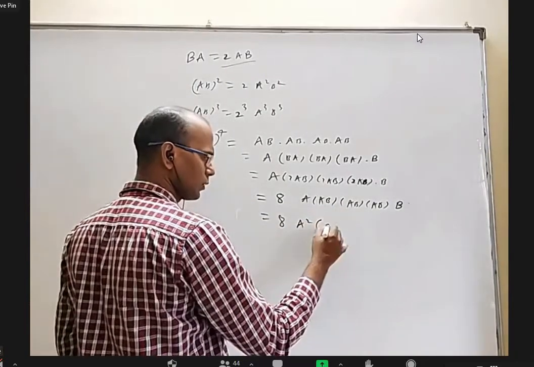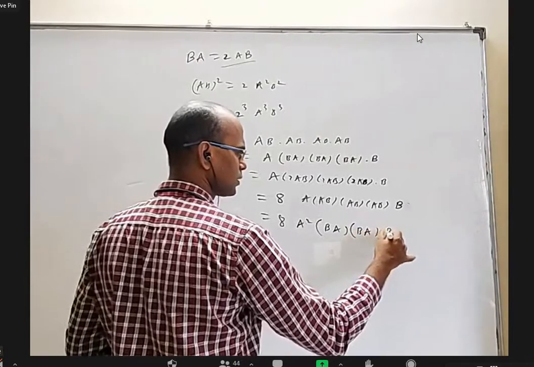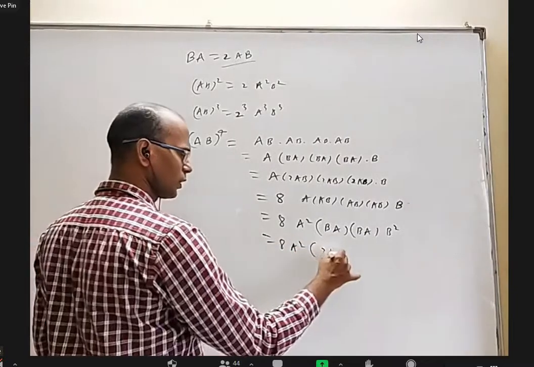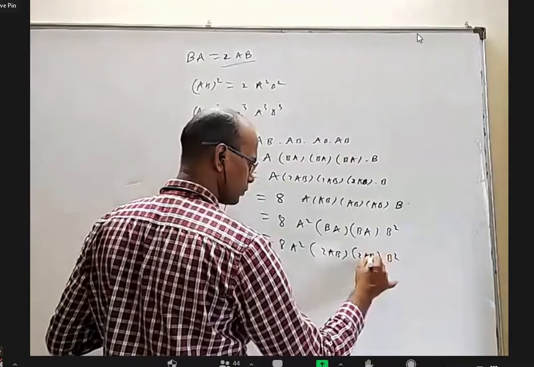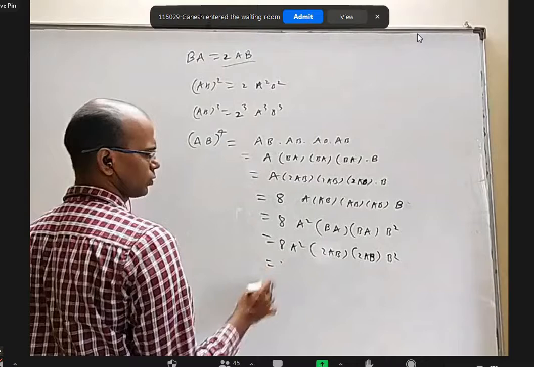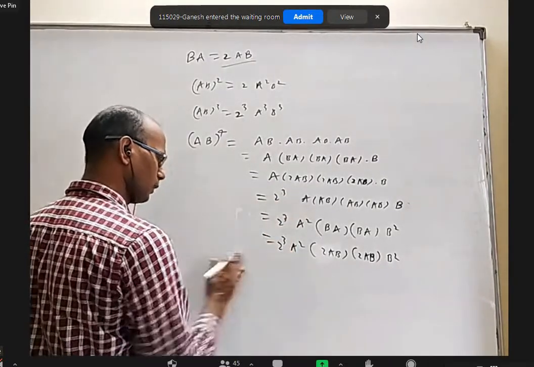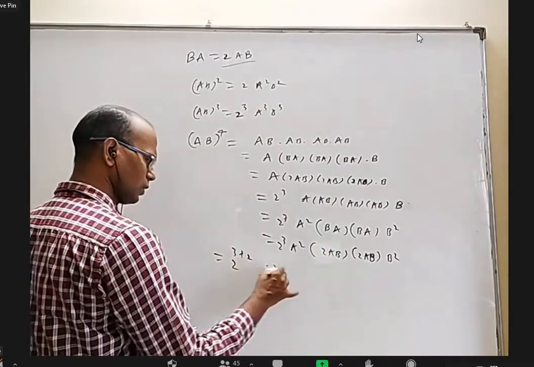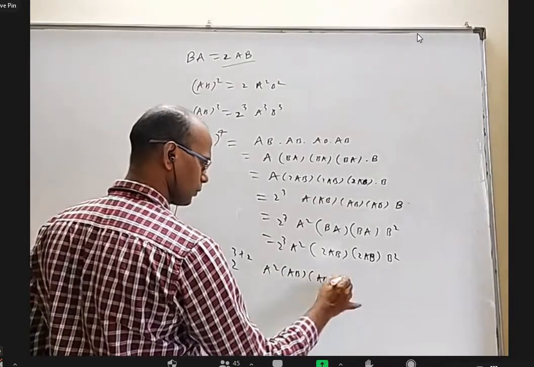This BA I can write, this BA I can write, and then this is B square, B into B. So I again have to use the formula here, 2AB, and B square. And that will become 32. So instead of writing 8 cube, I want to write 2 cube, 2 cube, 2 cube. I want to write these two together as 3 plus 2. A square into AB into AB into B square.